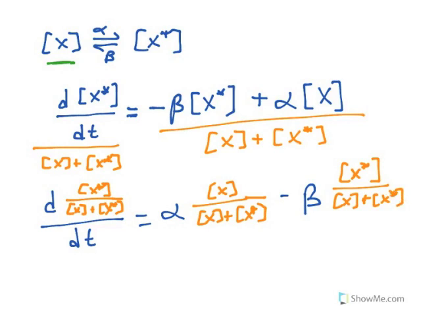And if you look at this a little bit, you'll see that there's an easy way to simplify this equation. And I'll just write it down now, but I will show you how this is the case.